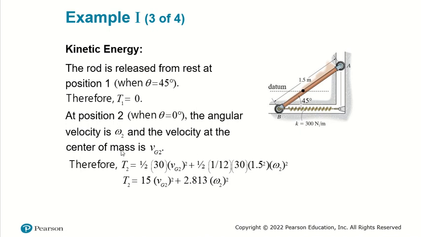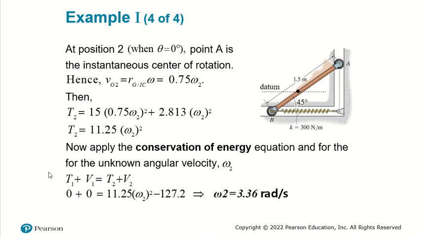And don't forget, we're going at the center of mass, right? So your kinetic energy for each part, rotation, and that's your translation, and you add them up. Then we're going to use our conservation of energy.